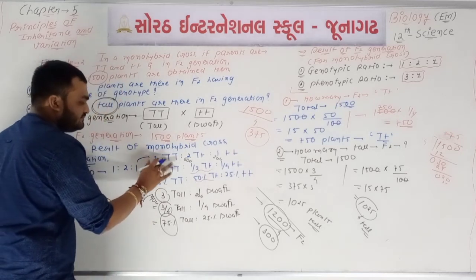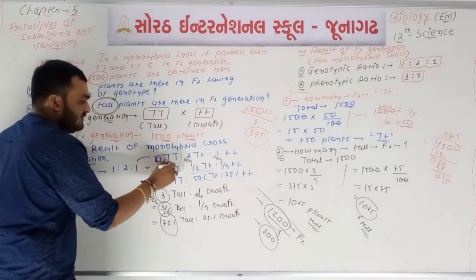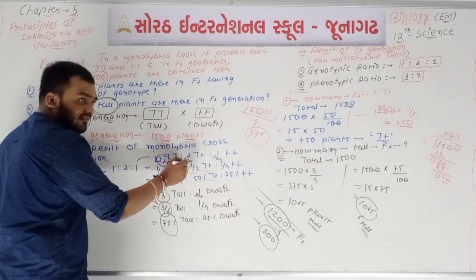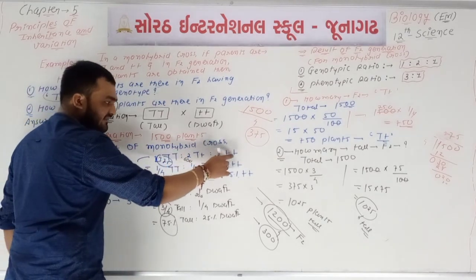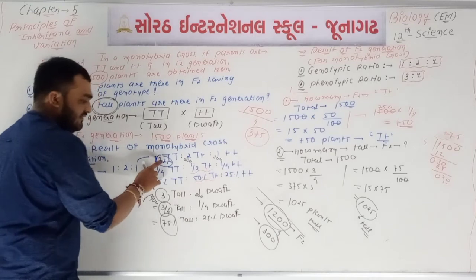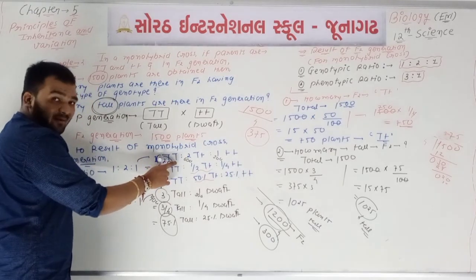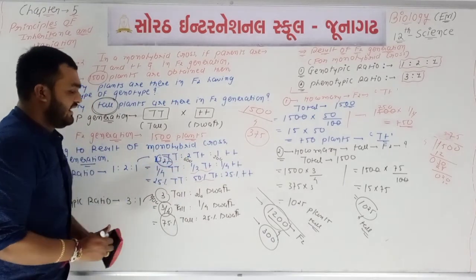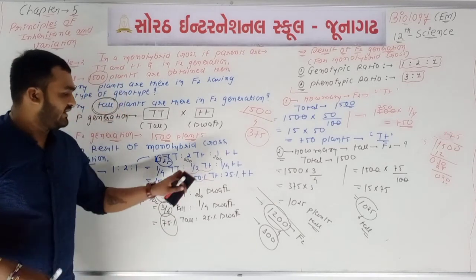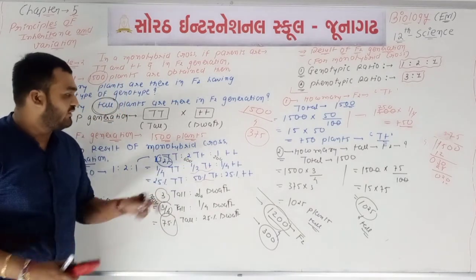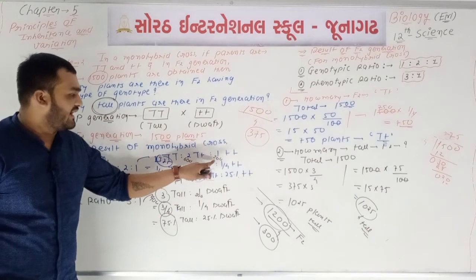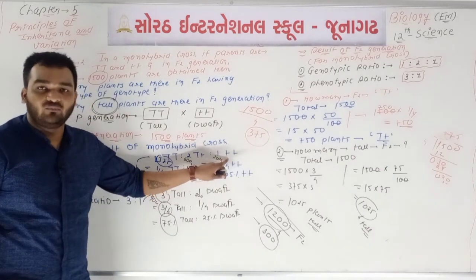So you will write like this: 375 capital T, 375 multiplied by 2 is 750 for capital T small t, and again 375 small t.